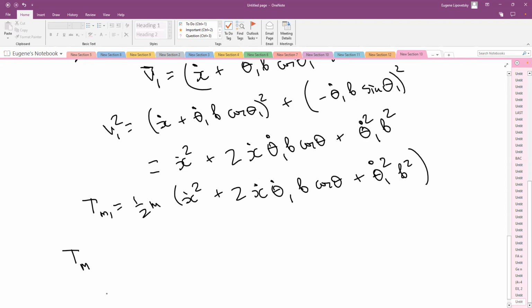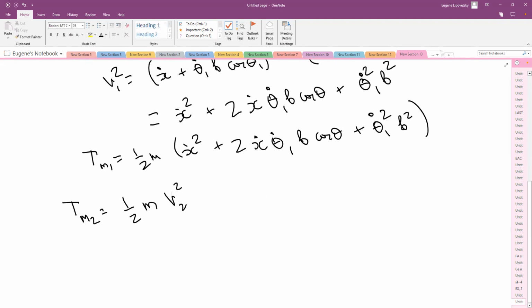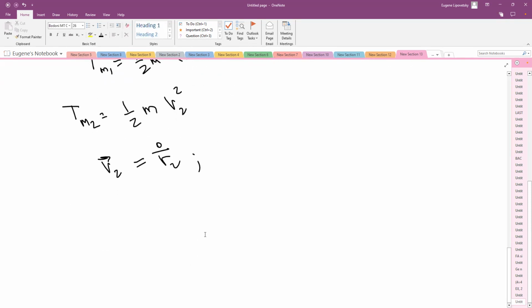Now, the T of M2, of course, is going to be 1/2 of m V2 squared. Now we're going to write down what the V2 squared is, and we'll write it from scratch so you will see it, right? V2, of course, equals R2 dot. Let's find out what the R2 is. R2 equals x i, that's there, right?